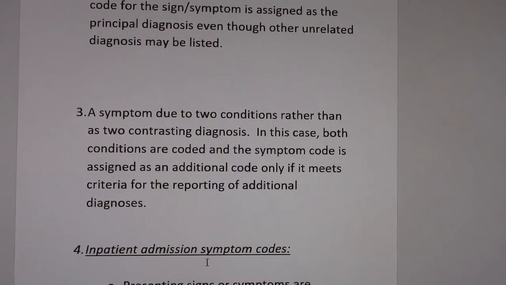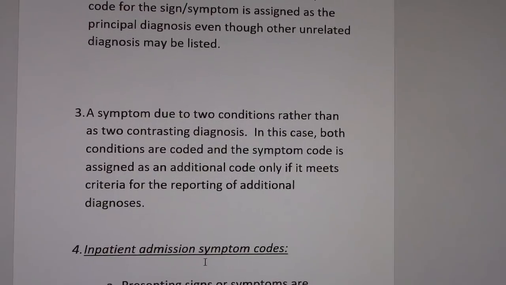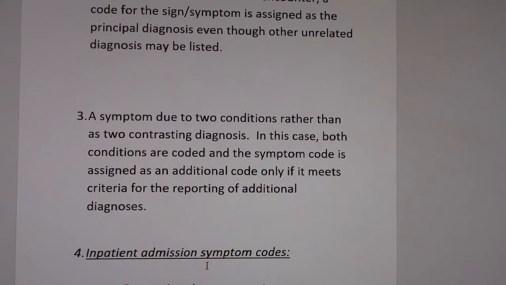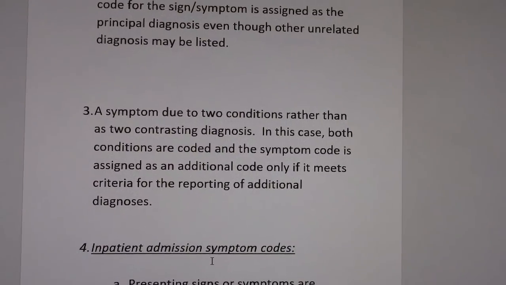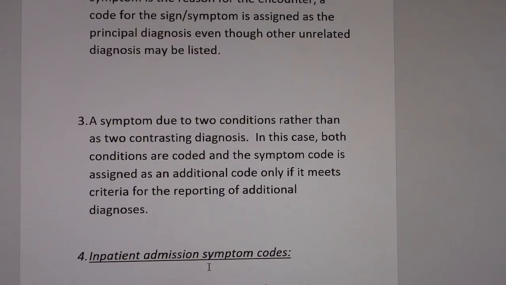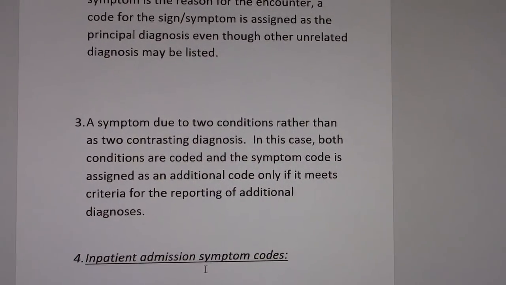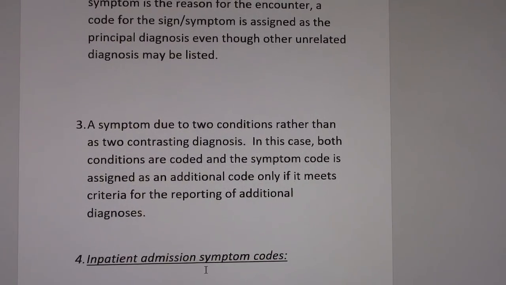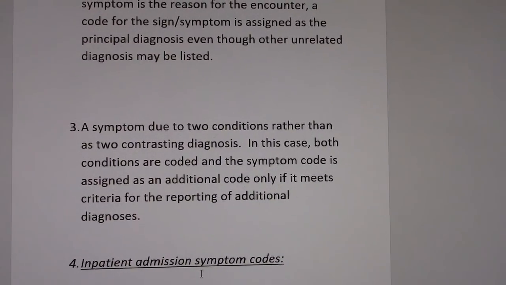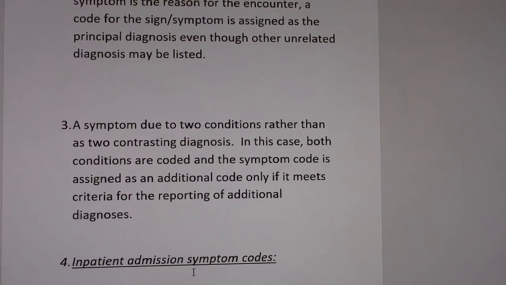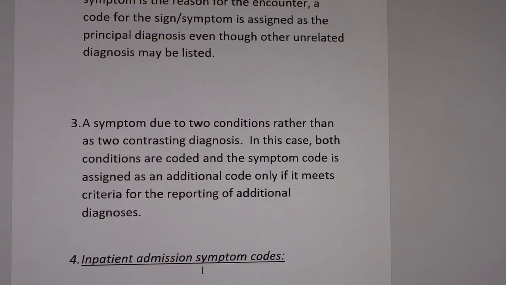Costochondritis, guys, is like a pain that you have in your chest from overexertion with muscles. It's just your frame of your chest just aches. It just hurts. And this patient also has a possible hiatal hernia. So both your costochondritis and your hiatal hernia are coded according to the guidelines governing coding for contrasting comparative conditions, but no code is assigned for the chest pain.